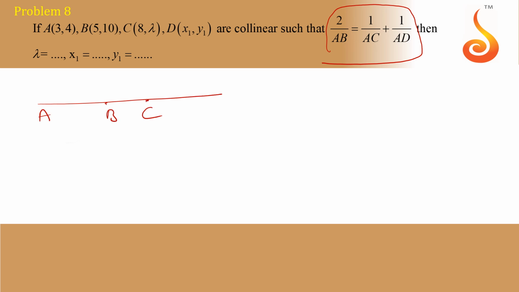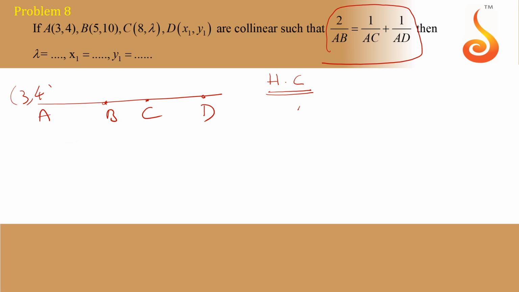If you remember, I told you about harmonic conjugate points. So when AB, AC, AD are in harmonic progression, for the line segment AC, A is what?